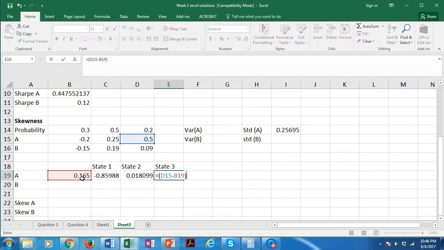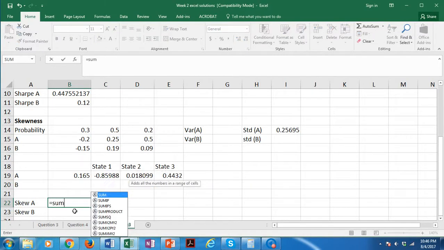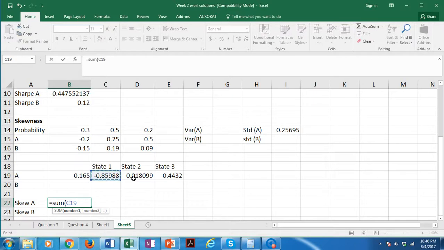So we put cube multiplied by the probability, then the whole bracket divide by standard deviation and whole cube. So we get the skewness for state 1, state 2, and state 3. So overall skewness for stock A will be the sum of these 3. So we put sum, then these 3.